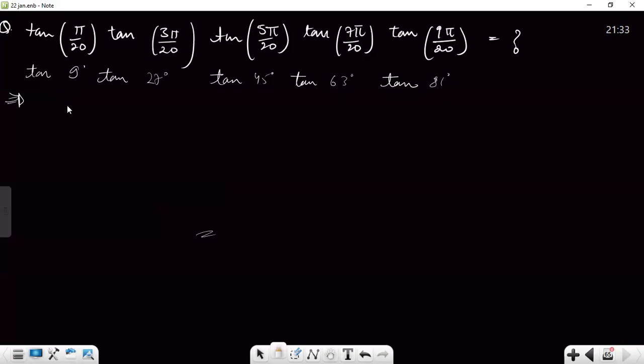Tan of 9 and tan of 81 is 1, into tan of 27 and 63 is 1, into tan of 45 degrees, 1. Answer is 1. Is this question clear? This is very easy. Clear?